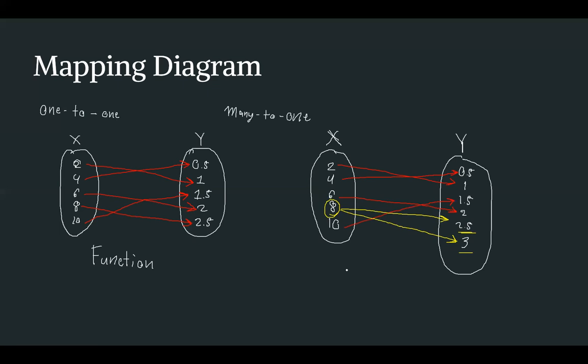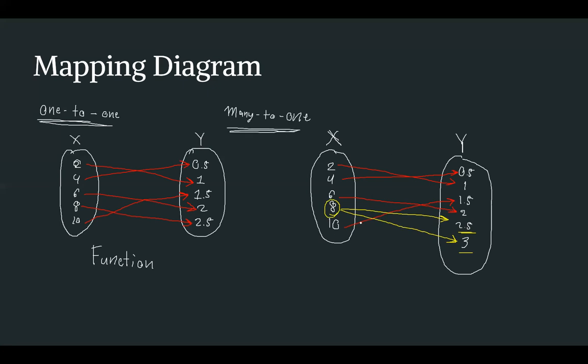It's just a relation. In this diagram it does not satisfy the condition, because if you want to know if a diagram is a function, make sure it is either one to one or many to one.